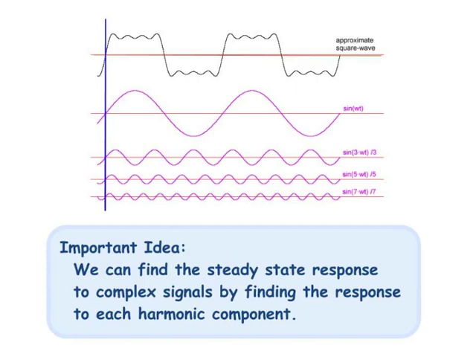Since we can approximate this input, the square wave, by a summation of sinusoids, that allows us to find the response to this square wave by simply finding the response to each one of these component sinusoids. I hope you can now see the usefulness of this important idea. We can break up an input into the sum of sinusoids and find the response of the input by finding the response of each of the sinusoids and then adding these together.